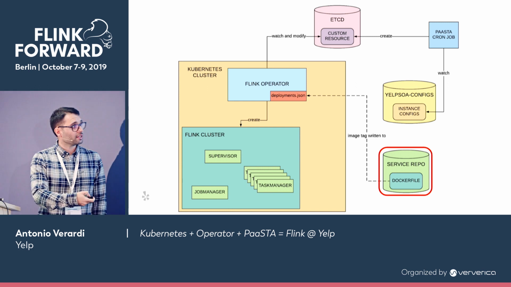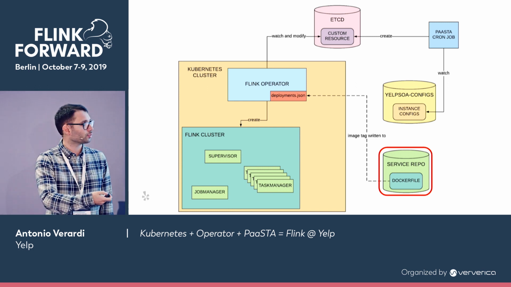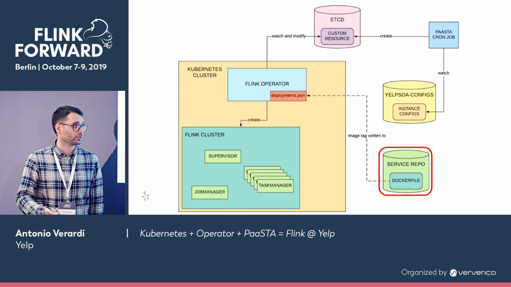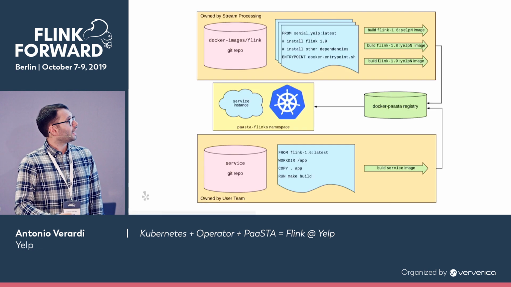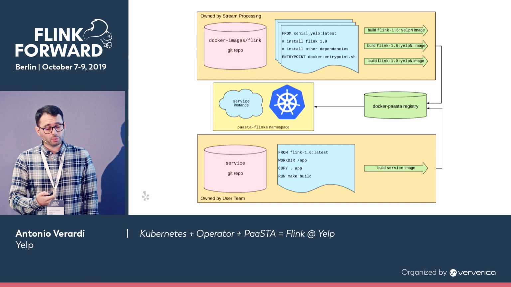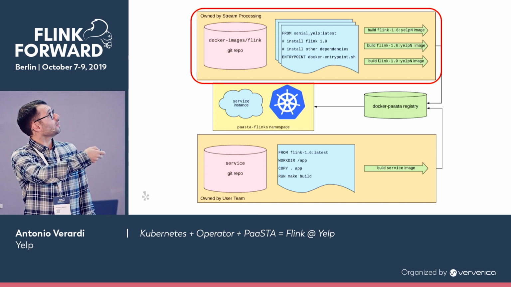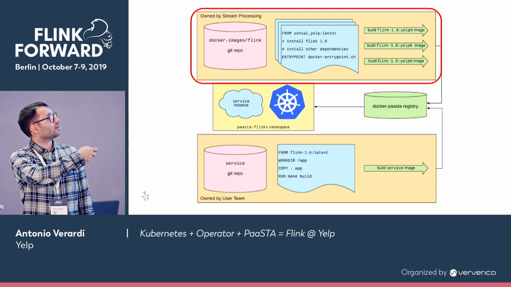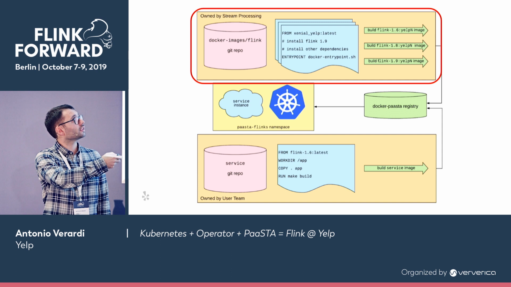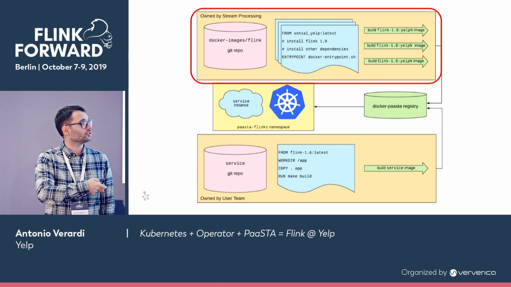The second bit is this service repo over here with the Dockerfile. Well, I assume that this works more or less the same in any company. You have some kind of Git repository or some other repository with your service code. And in order to deploy it to Kubernetes, you need to define a Dockerfile. So the way we do it is that my team, stream processing over here, maintains a set of base Dockerfiles, one for each Flink version. They also install some Yelp dependencies, and then we publish them to our Docker PaaSTA registry.